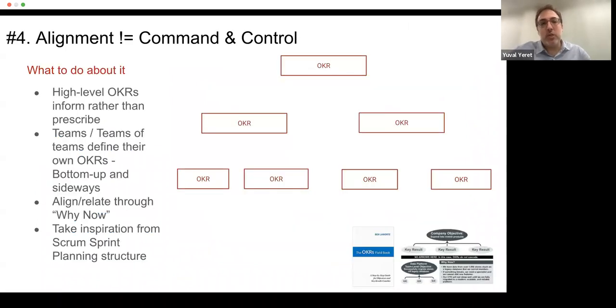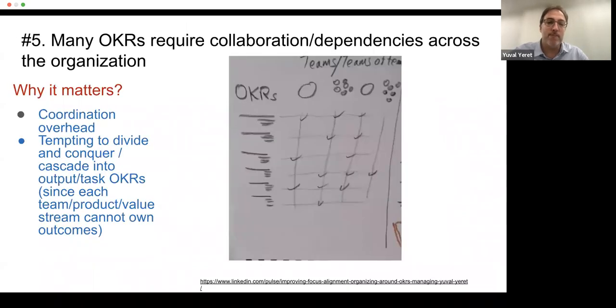So if issue number 4 was, how do we avoid command and control when we scale OKRs across the organization? We're continuing with the organizational theme here. And issue 5 is that many OKRs do require collaboration and dependencies management across the organization.